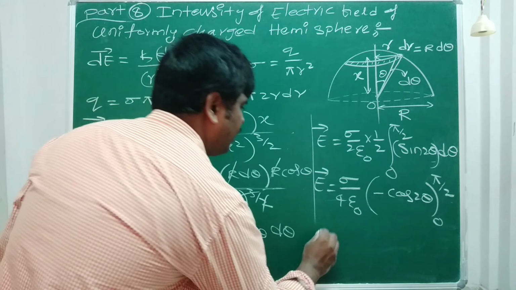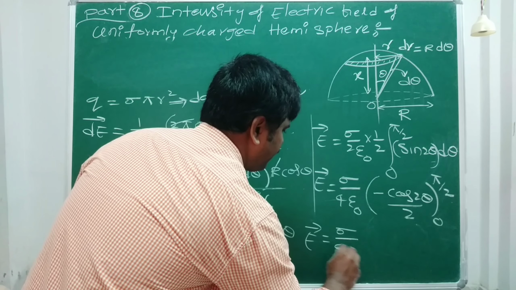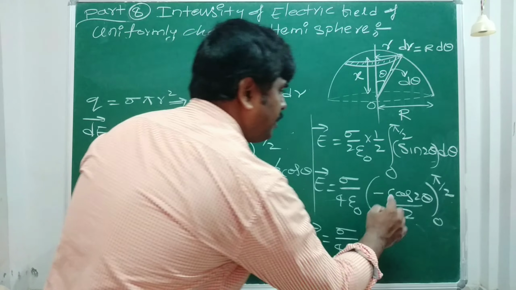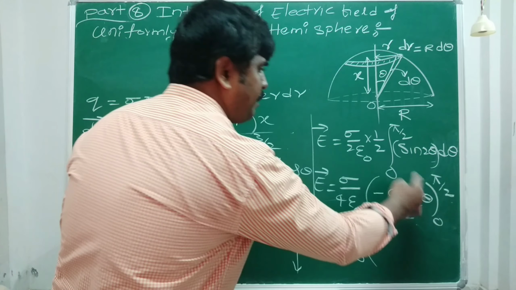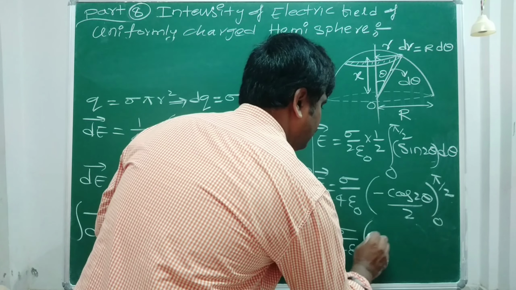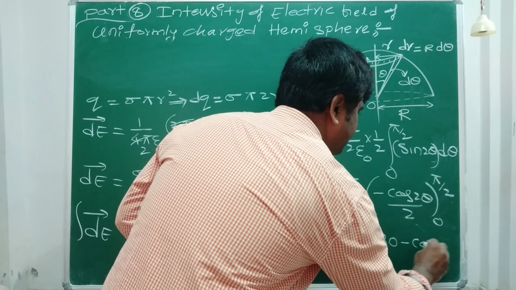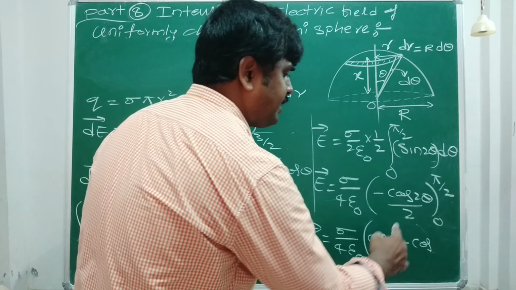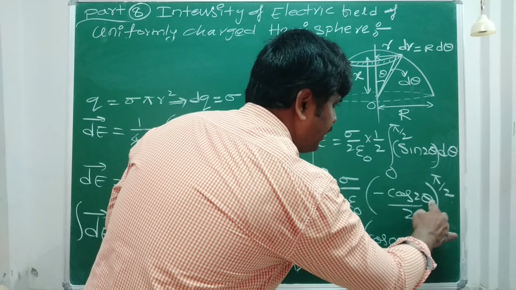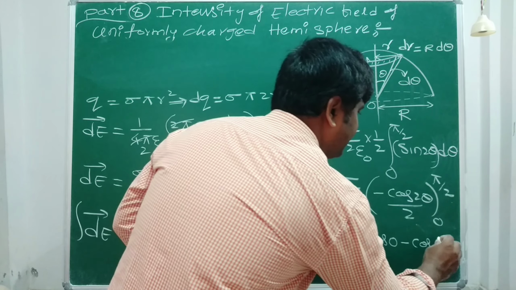So we will get here E bar is equal to sigma divided by 4 epsilon naught. Okay, so here upper limit and lower limit are exchanged, so we will get cos 0 minus cos, okay, that is 2 into pi by 2, the 2 gets cancelled, pi.